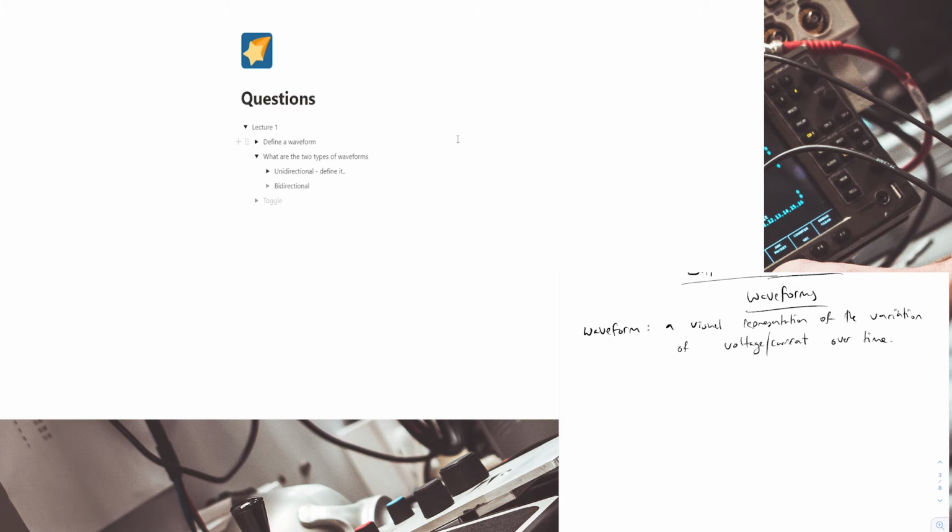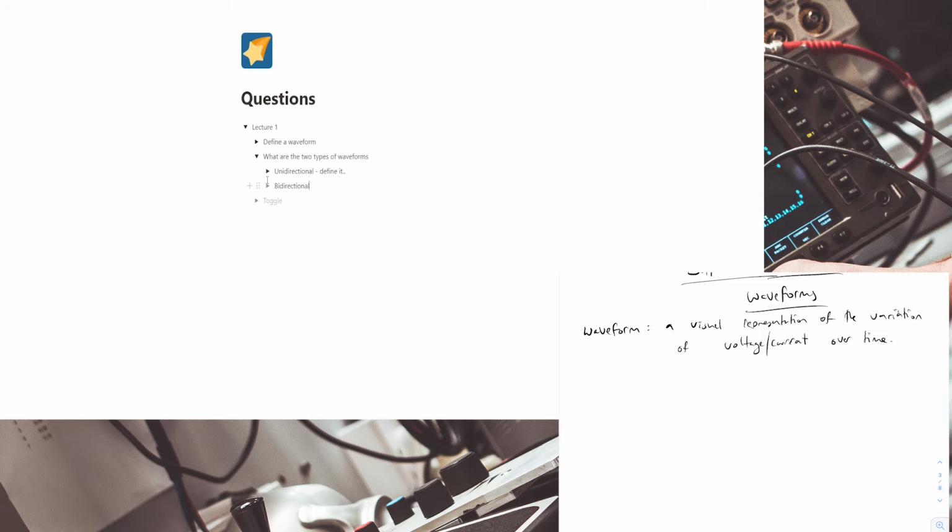It flows in one direction and can be positive or negative, but never goes across the zero axis point. It stays either above or below. What are some examples? You've got the clock pulses and the trigger pulses. There you go. You see, this is how I learn best. I'm comfortable like this.